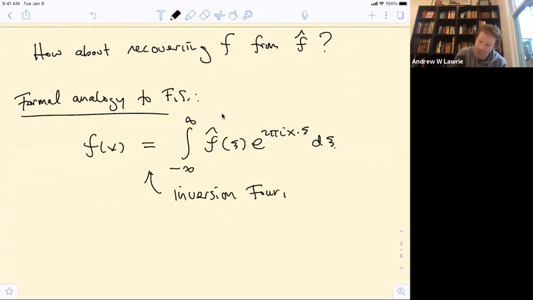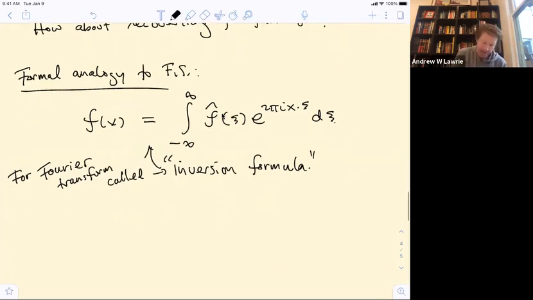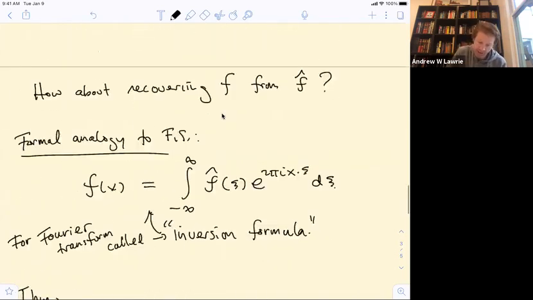So, Fourier inversion. I said Fourier, I meant to write formula. Inversion formula for the Fourier transform. And we can prove the following theorem. Let me write it down first.